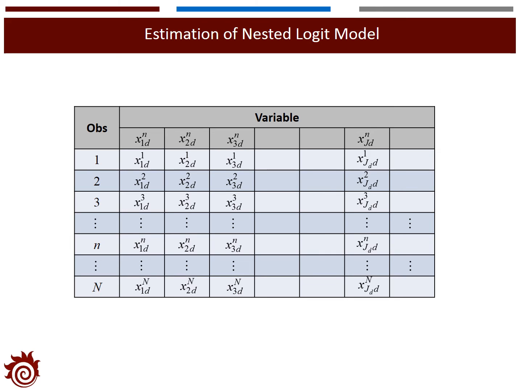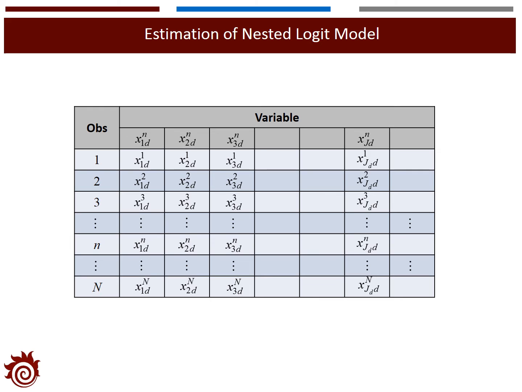The table here shows the observations about the attributes related to the destination for each individual. It contains JD attributes, and all of them will be applied for the estimation of the coefficients of beta d.